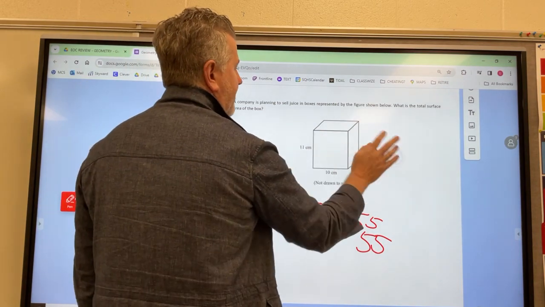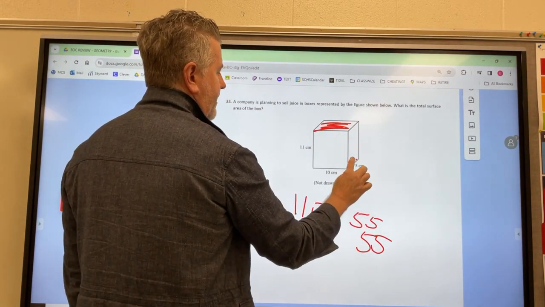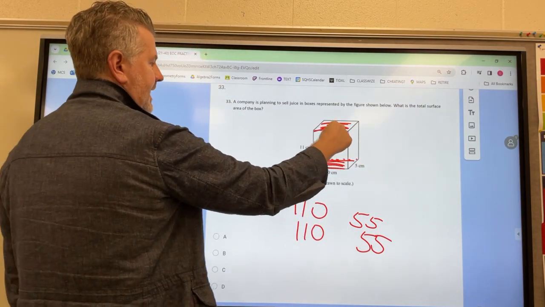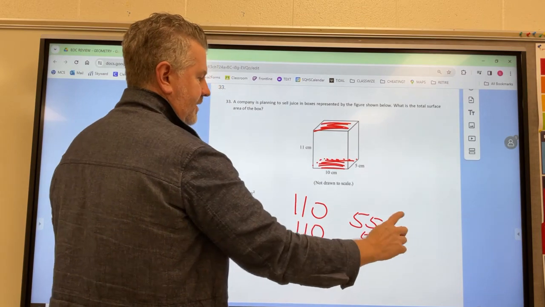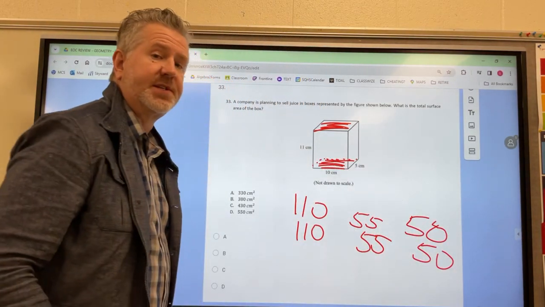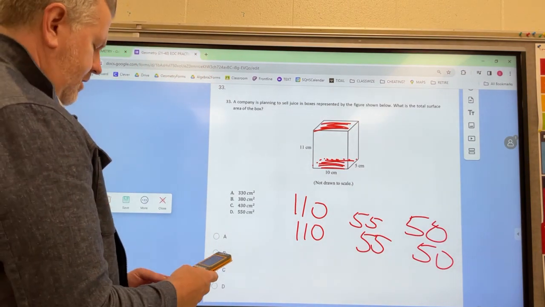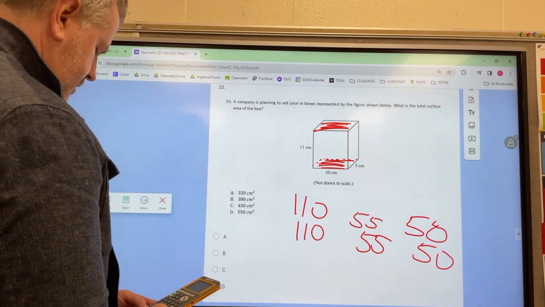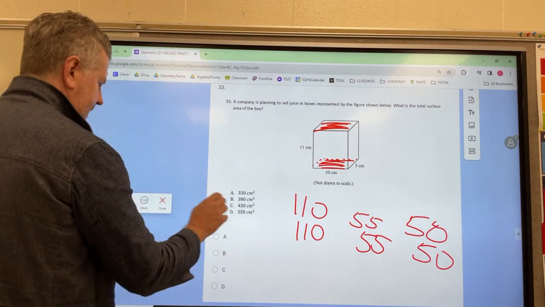And then we'll do the top and the bottom. Top, and then the bottom is, of course, right here. And that's going to be 10 times 5, which is 50. There's our 6 sides. Add them up. So 110, 3 plus 100, so 430 it looks like, C.